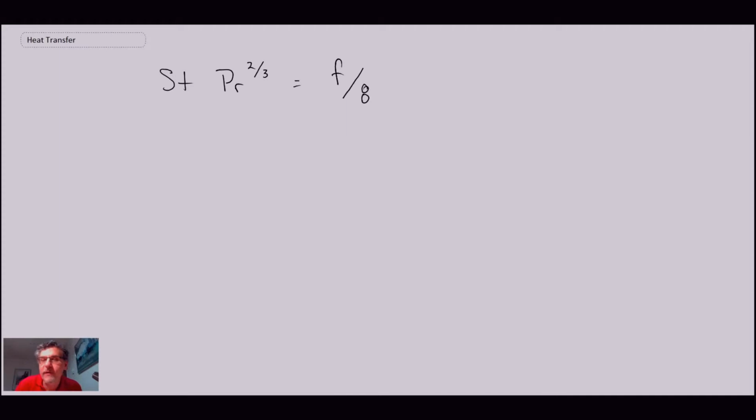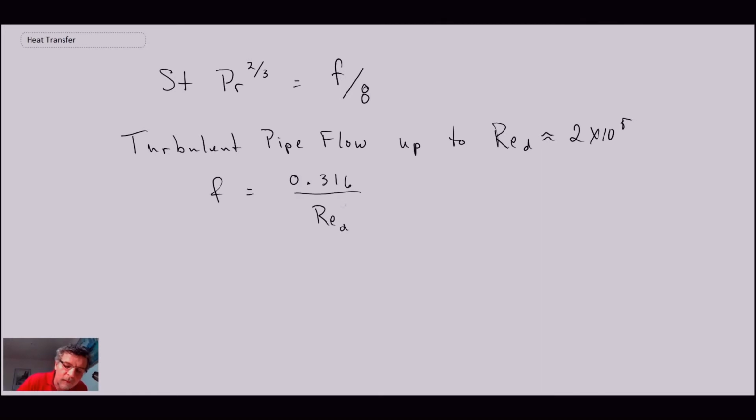So with that, we can find empirical relationships for the friction factor within pipe flow, realizing that it is a function of the roughness of the pipe wall. But I'll just take one of the expressions. So this is an empirical expression.